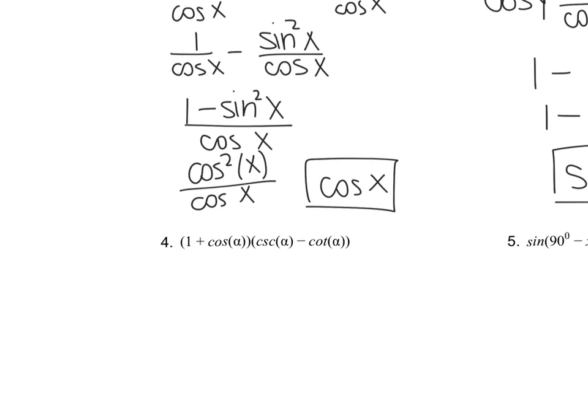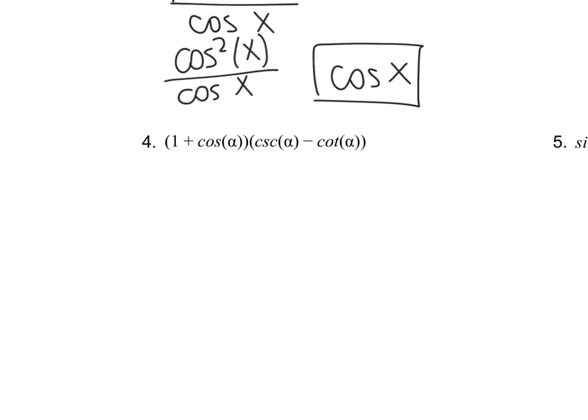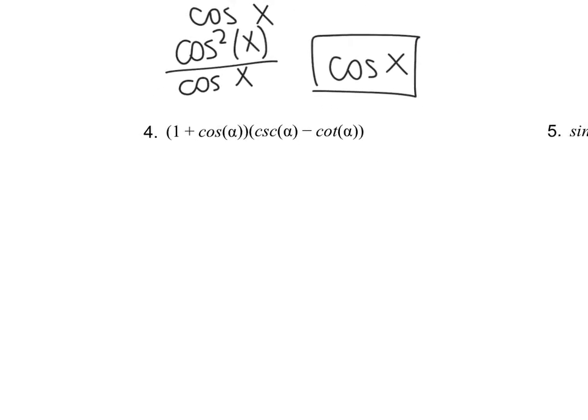So next we have 1 plus cosine of alpha times cosecant of alpha minus cotangent of alpha. So in this case, my best first step is actually going to be to distribute everything first before rewriting in terms of sine and cosine. So we have 1 times cosecant of alpha, which gives us cosecant of alpha. 1 times negative cotangent of alpha gives us negative cotangent of alpha.